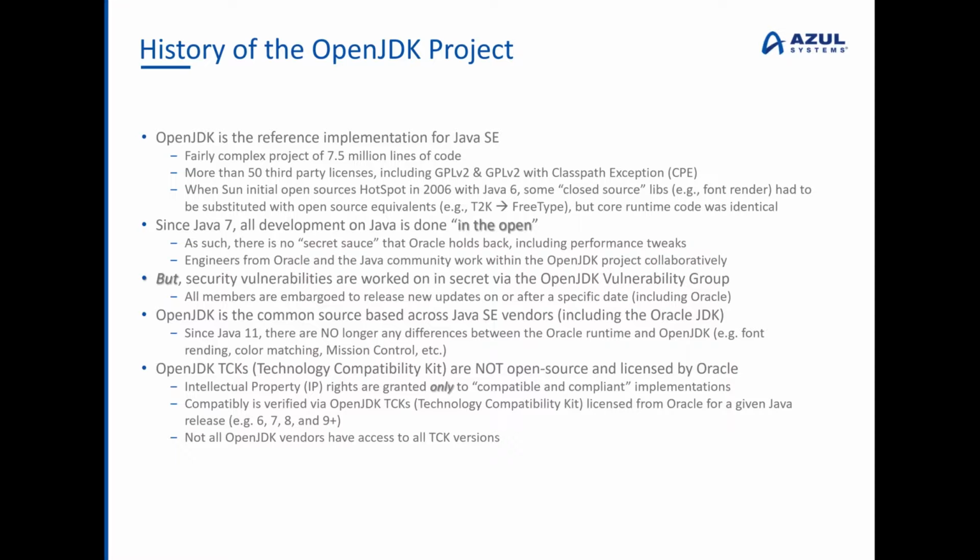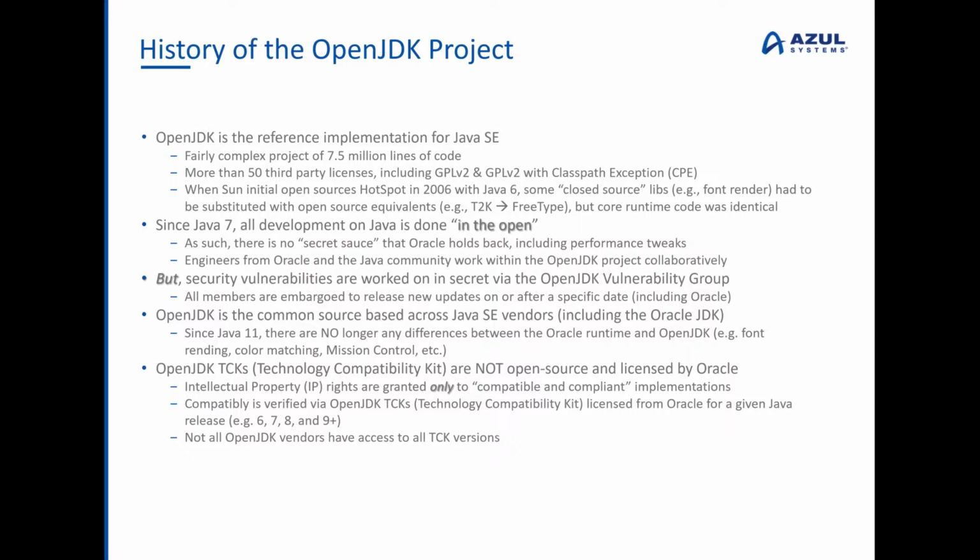However, the OpenJDK technology compatibility kits, the TCKs, are not open source today, and they're only available through licensing by Oracle. So while the code is open source, what you are building as a Java vendor has to be certified by these TCKs, and the TCKs are granted by each version of Java.